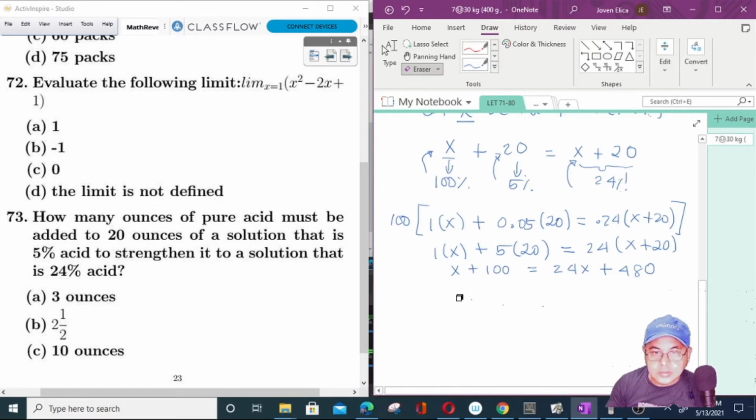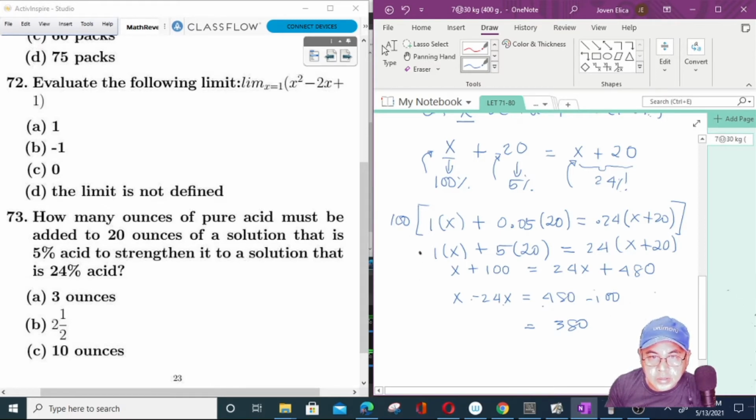So let us transpose the 480, and the x minus 24x. So 480 minus 100 equals 380.